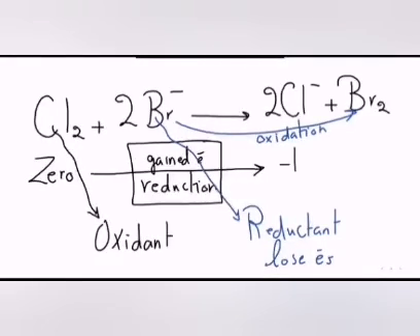So you can see chlorine changed its oxidation state from 0 to -1 during the reaction, and bromine changed its oxidation state from -1 to 0 during the reaction. Usually the oxidation state of the reductant increases during reactions and the oxidation state of the oxidant decreases during the reaction.